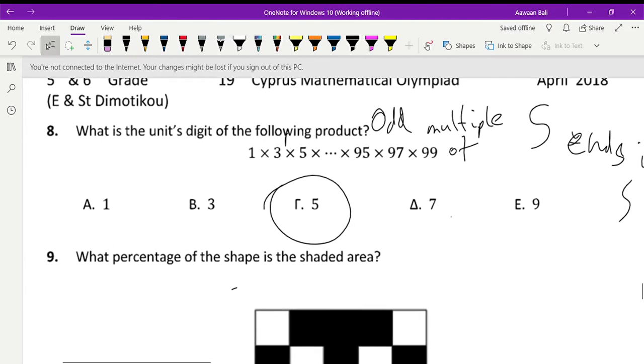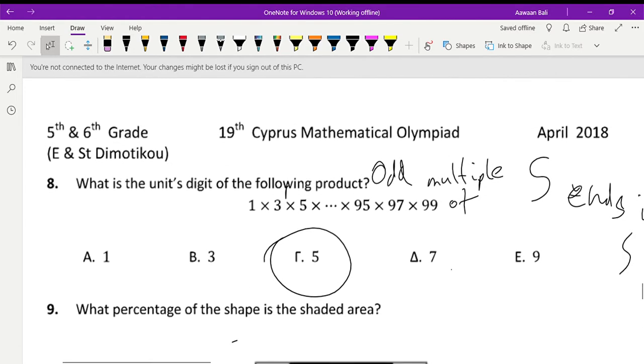So basically after 15 you get odd numbers, so it'll be an odd number every single time. Which means the unit digit won't diverge into anything else but 5. So the answer would be gamma, 5.